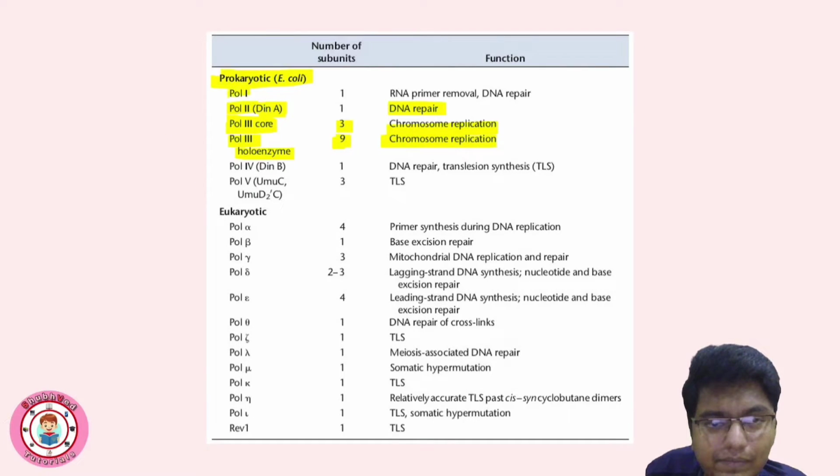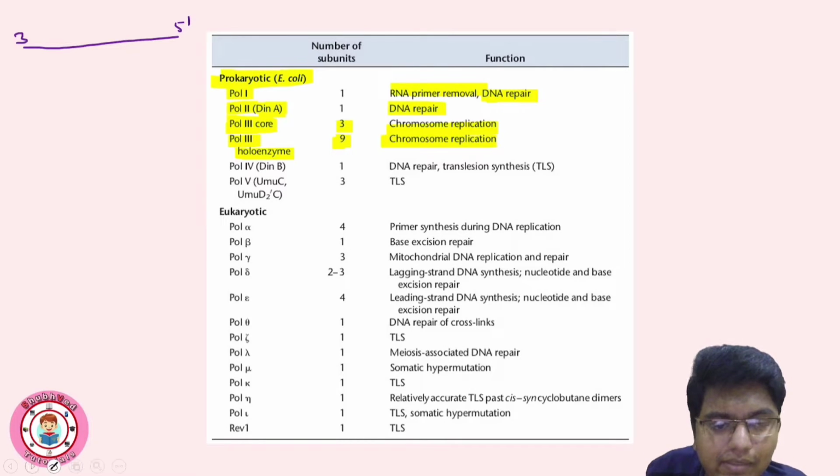Polymerase 1 is for RNA primer removal and DNA repair. RNA primer removal, we know that. Let's see. This is a DNA strand 3' to 5'.